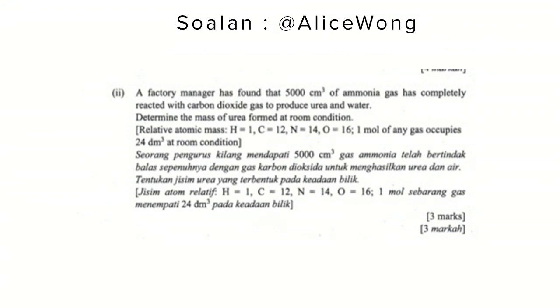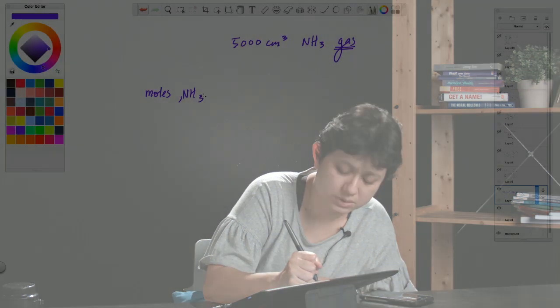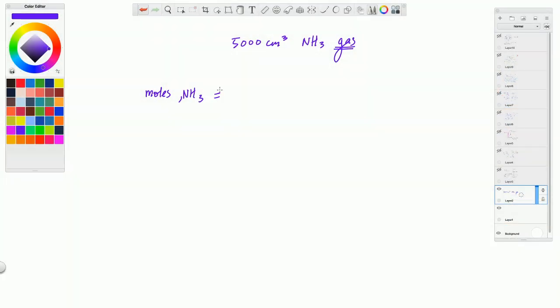Okay, so first you calculate the moles of ammonia. So it's volume over molar volume. But this one is centimeter cube, so you need to change it to decimeter cube.